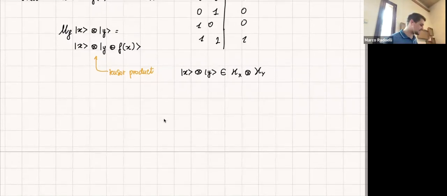So it's like a bipartite state. I'm not going to go into more detail about the structure of the tensor product, because it's not extremely needed for what we are going to do now. Let's say that it's just a way to represent things that happen among different Hilbert spaces.